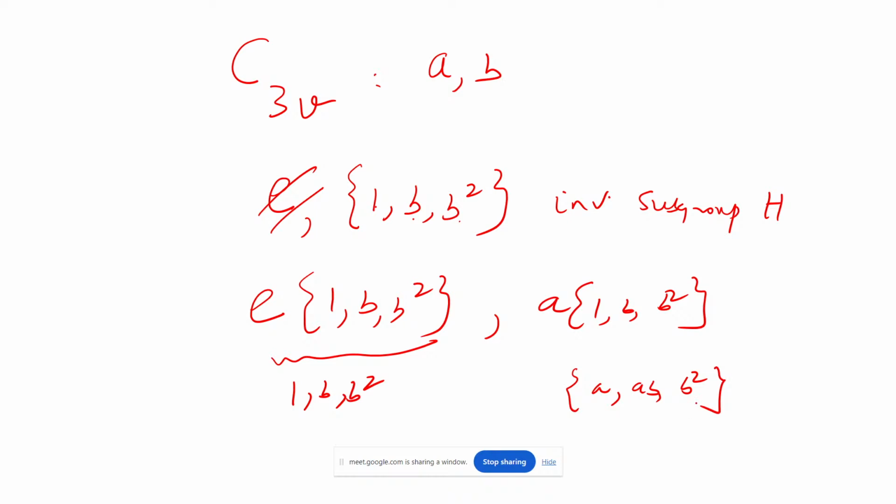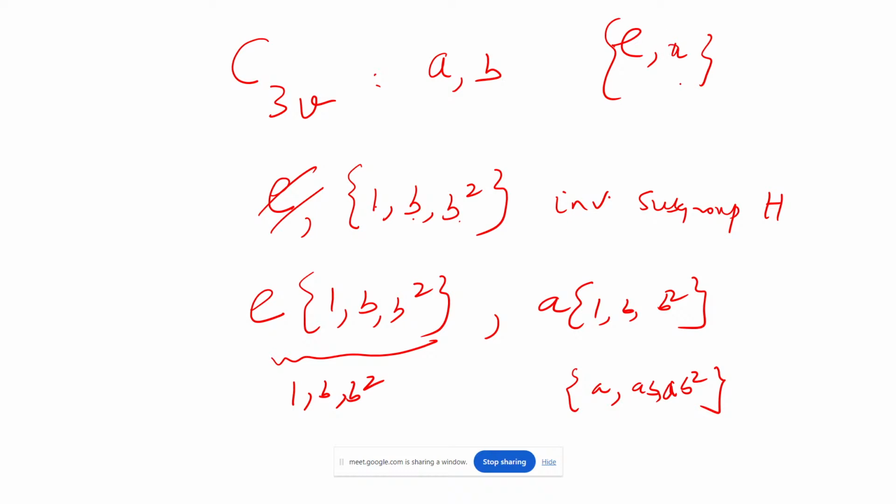So the question which you are asking is, can I take the union with AB? You know that E and A form an order 2 subgroup.